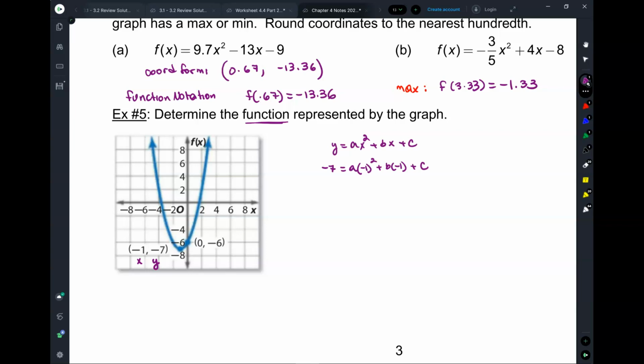So this is going to be negative 7 is equal to a minus b plus c, right? But what is c? Here, this is the y-intercept, right? So this is 0 comma c. So I can put that over here and make that minus 6. Okay? So little by little, we put together the pieces of the puzzle.